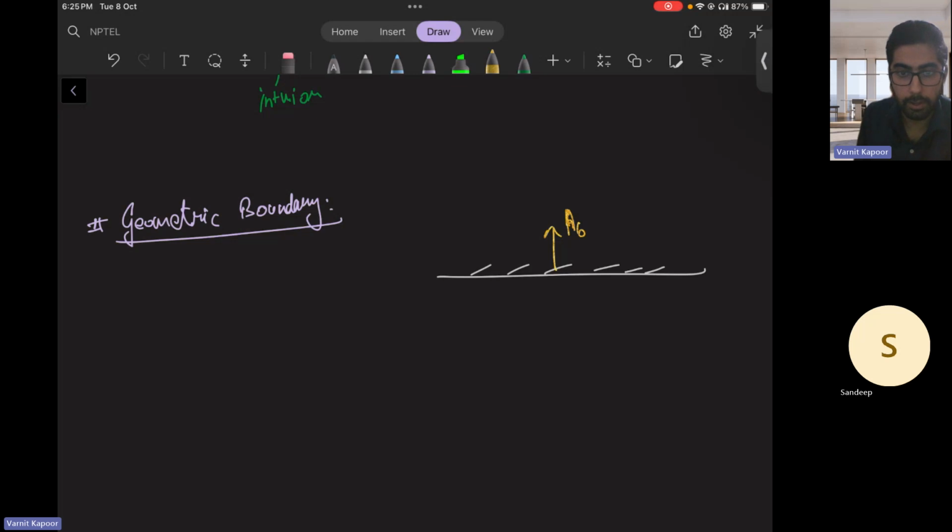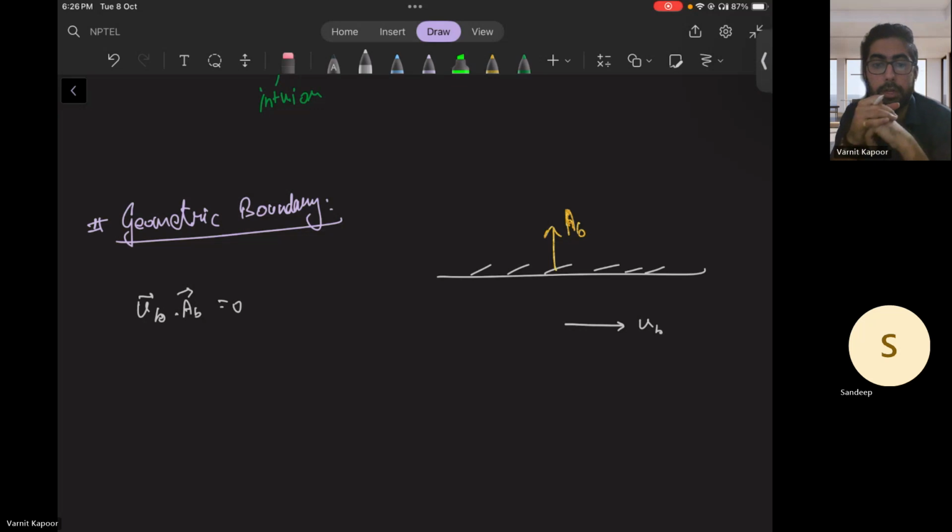You have an impermeable wall. At the wall, the flow is like this, so UB and AB are perpendicular to each other. That means the dot product will be 0.